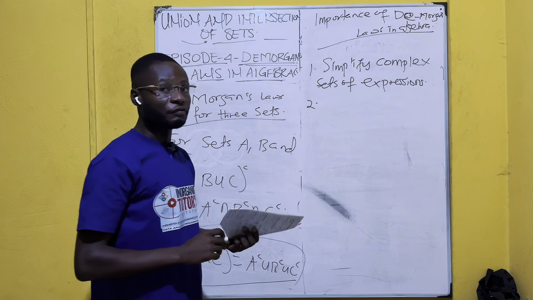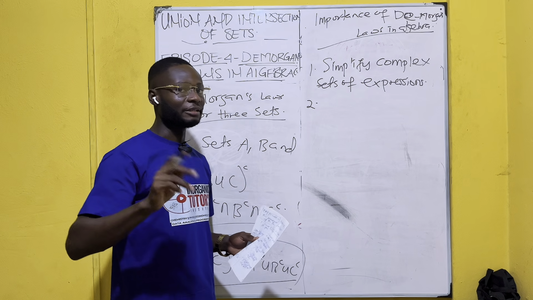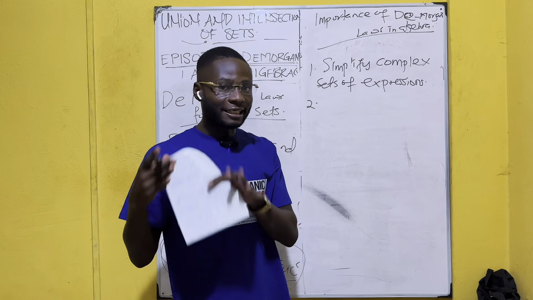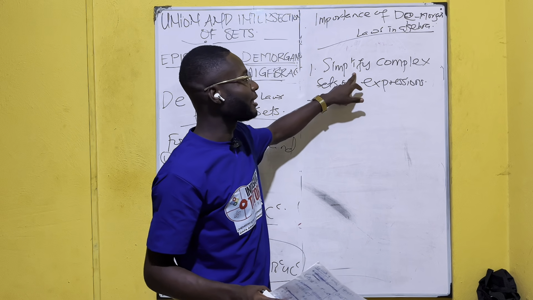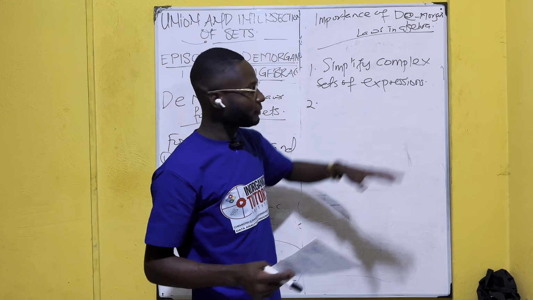From the introduction, you can remember that I said it is for simplifying, rewriting, and proving identities that involve sets. So the first importance, it helps us to simplify complex set expressions.